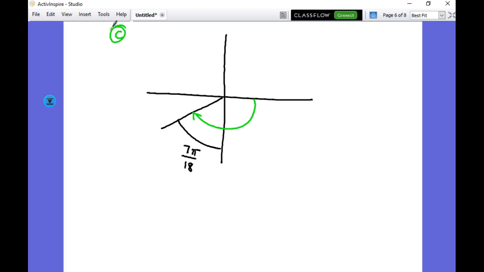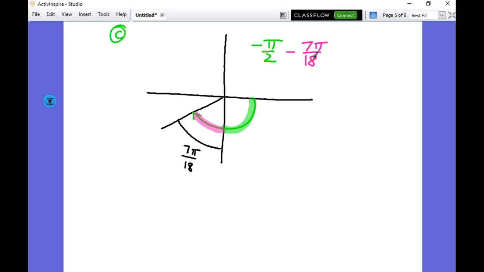All right, so first of all, what is that? Good, that's negative pi over 2, because we're going clockwise, so that's going to be a negative one, right? And then we have that, which is 7 pi over 18, but it's negative, so minus 7 pi over 18. So our common denominator is 18, right?